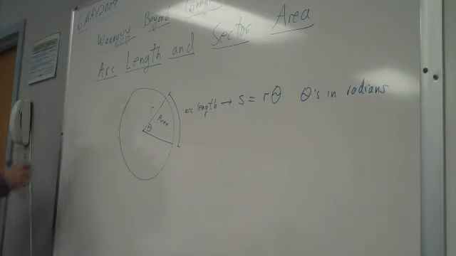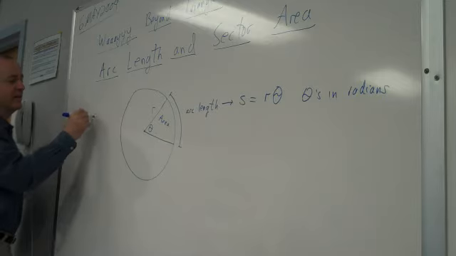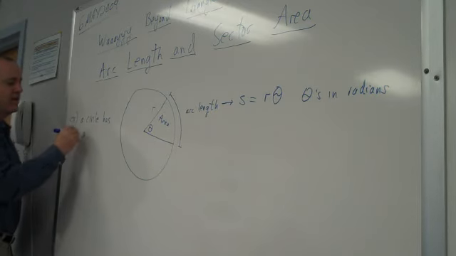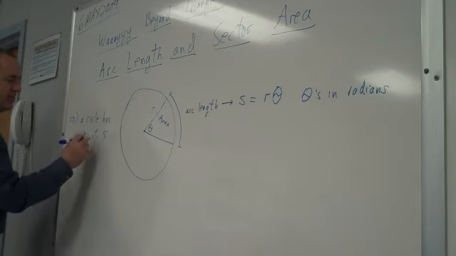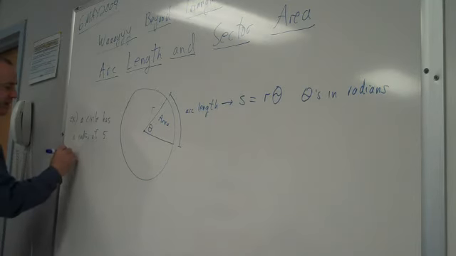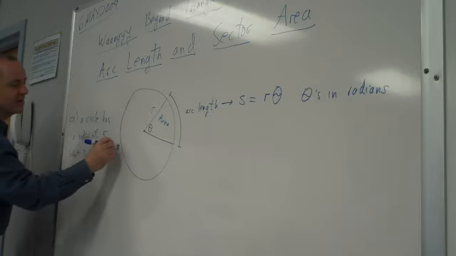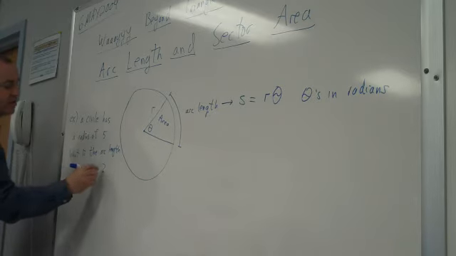So, for example, a circle has a radius of 5. What is the arc length if theta equals 45 degrees?